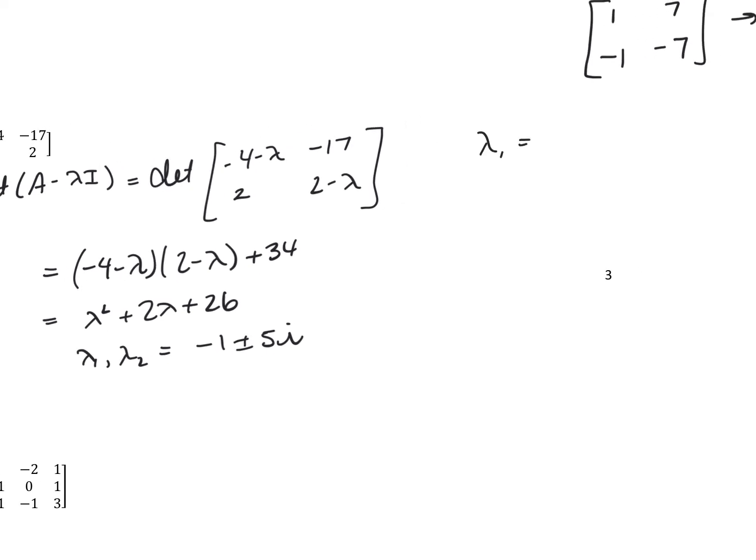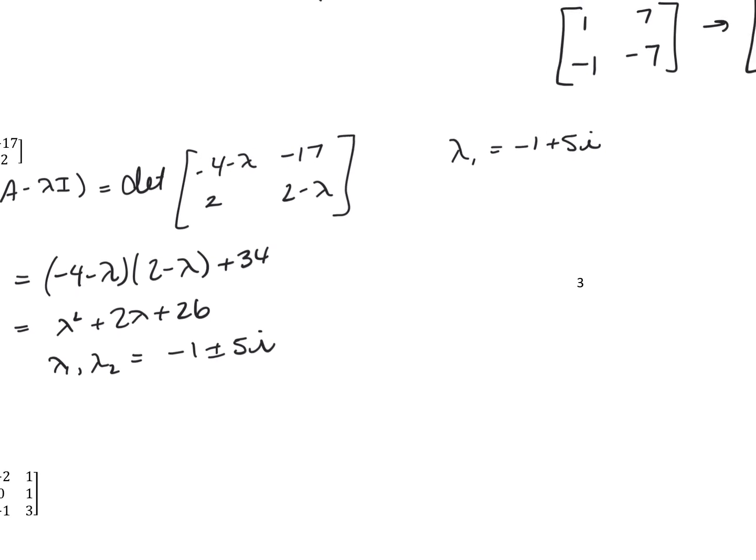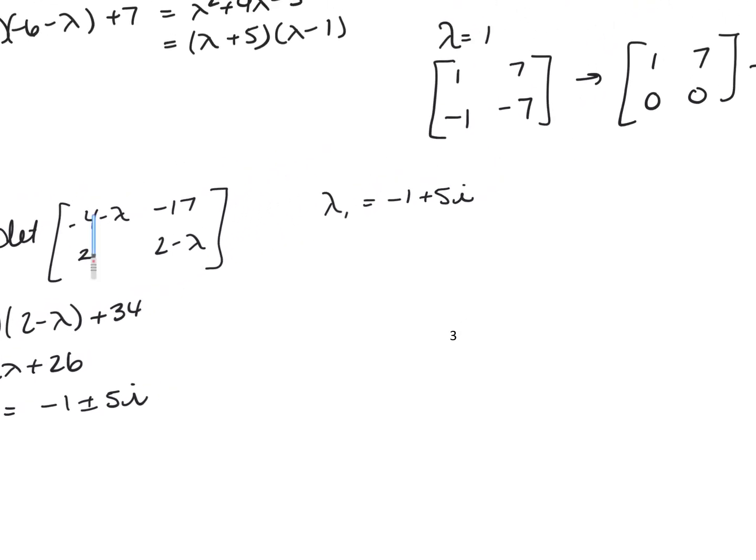Lambda sub 1 is equal to negative 1 plus, let's do the positive 5i. We'll start with the positive first. Now, when we put that in, we're going to get negative 4 minus negative 1 plus 5i, negative 17, 2, and then 2 minus negative 1 plus 5i.